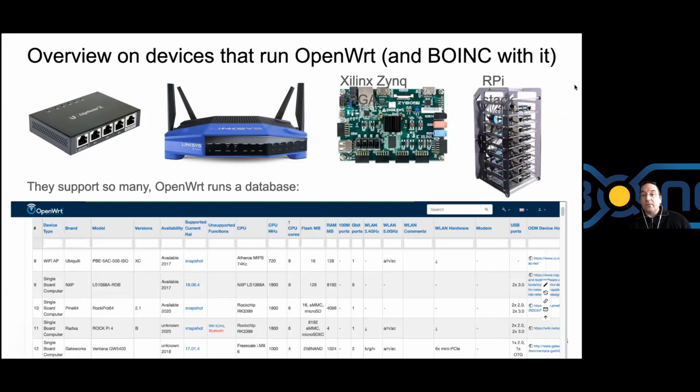And behind the Zoom window, you see that these devices can be stacked. They're small, and the typical kind of arrays is what you might want to look into. They have a database for you to check your own devices that you have, if they're compatible, and you can install BOINC now.